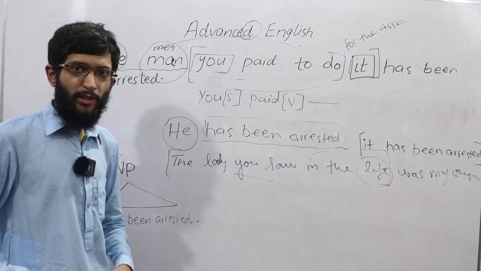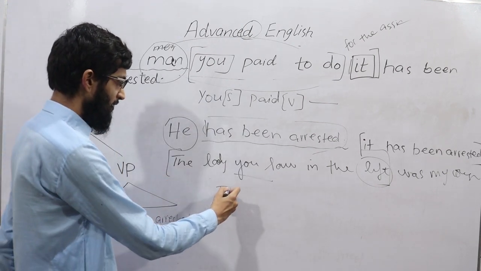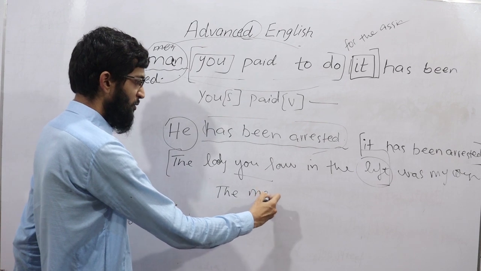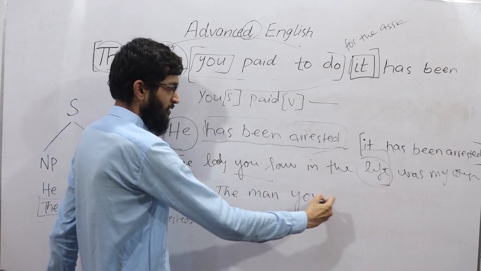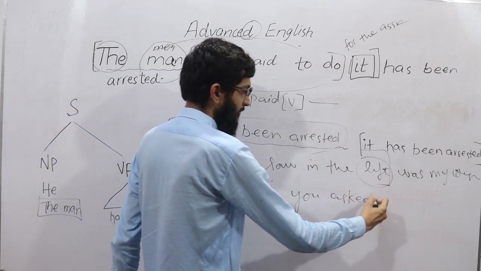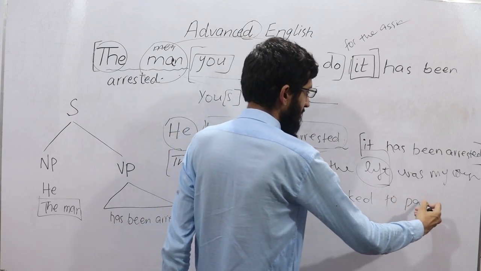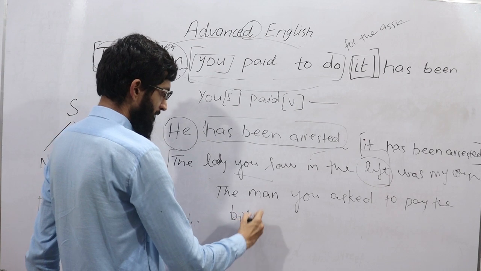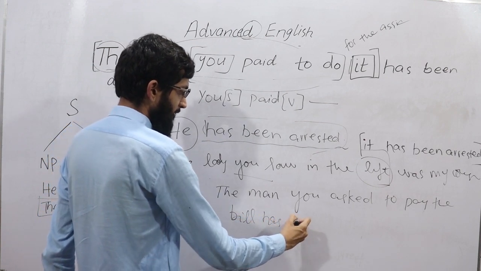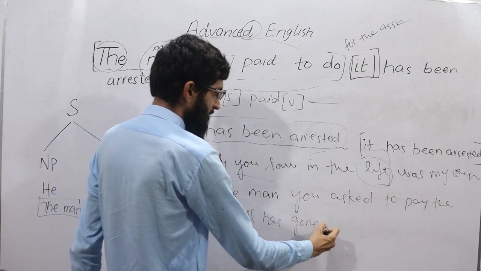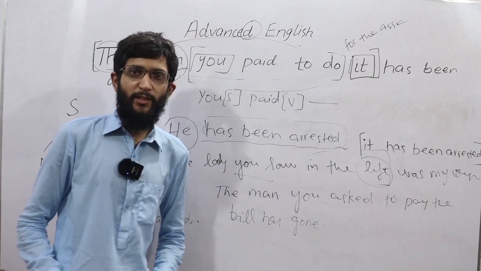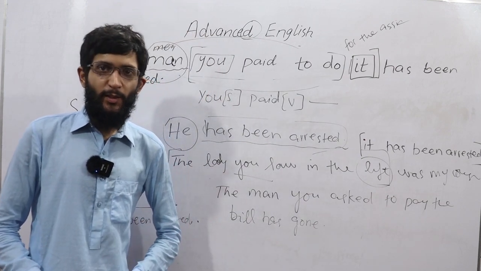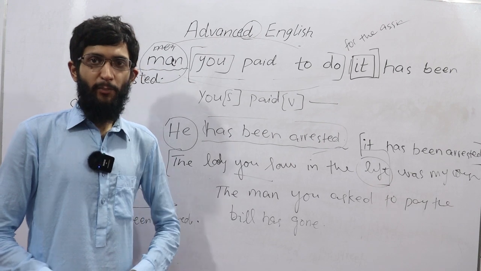Let's see a similar example. The man you asked to pay the bill has gone. That means you are eating something at a restaurant with some of your friends, but you asked somebody to pay the bill.